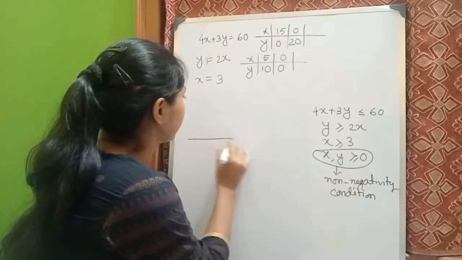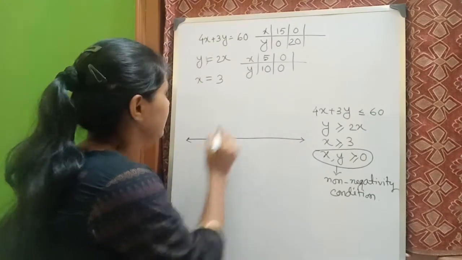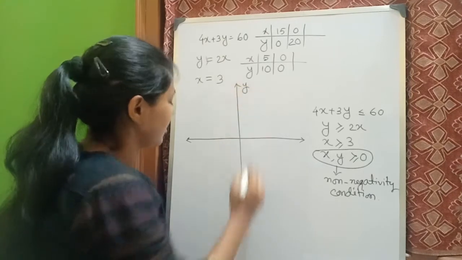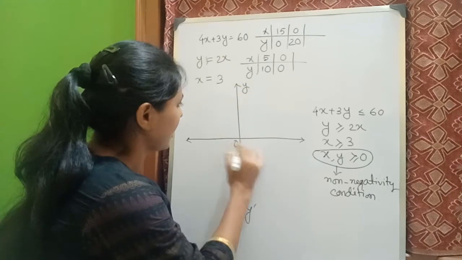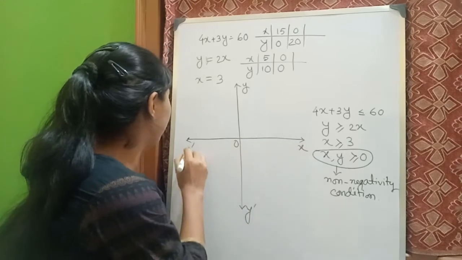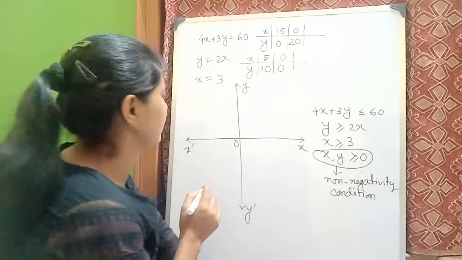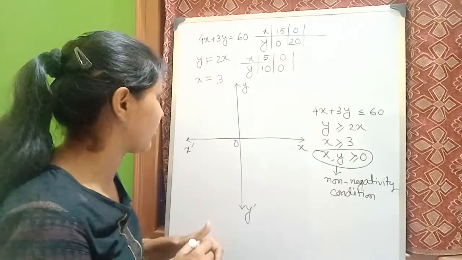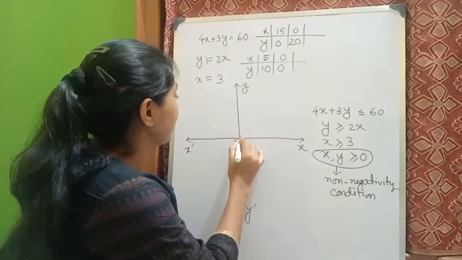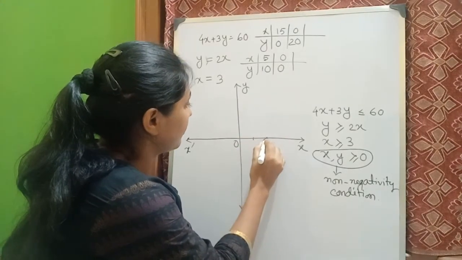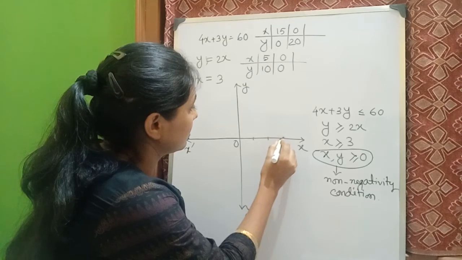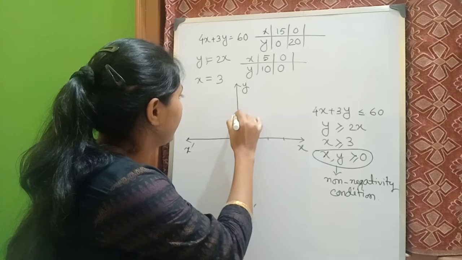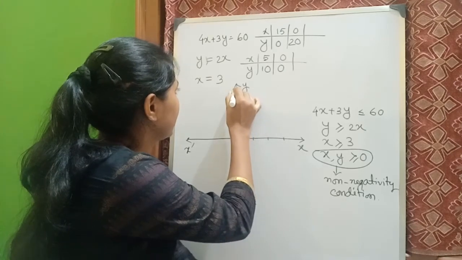Now let's begin with the graph. This is obviously a rough sketch; you please do it in your graph copy. I don't have graph facility on my board, that's why. So I'm taking 5, 10, 15 and 5, 10, 15, 20.